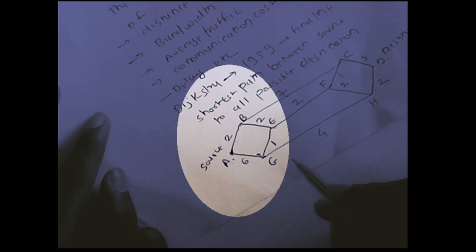Now similarly, whenever G is a new working node, to make G a permanent node, we can find the two adjacent nodes. If we observe the cost from the new working node to its two adjacent nodes, there is a 4 and there is a 5.